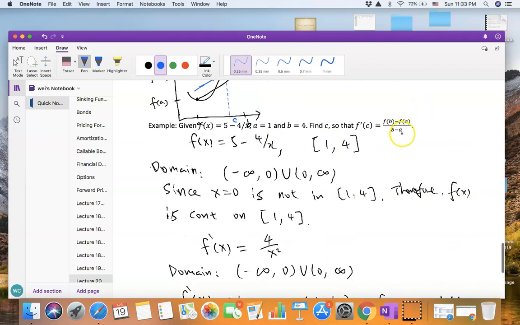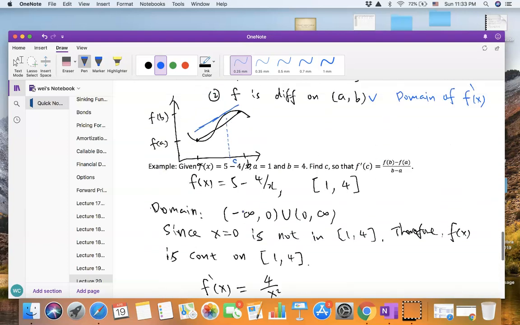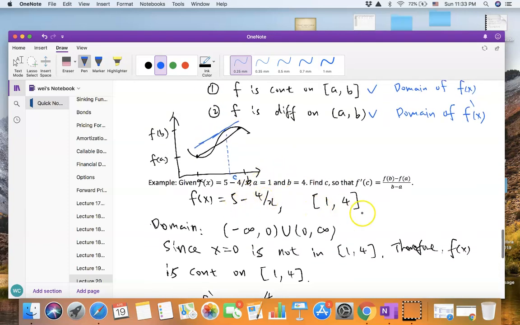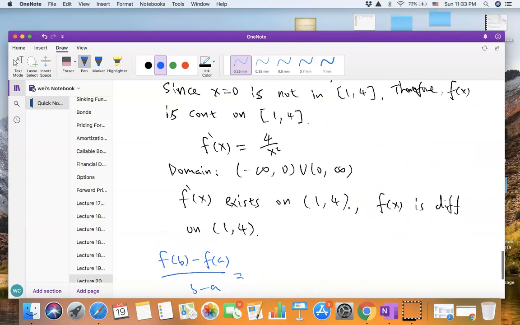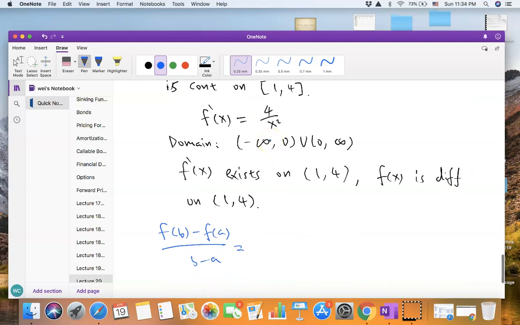So first, we need to evaluate what does this equal? What is f of b minus f of a over b minus a? Since we are given the function and we're given what a and b are, f of b is f of 4, and f of a is f of 1, over 4 minus 1.